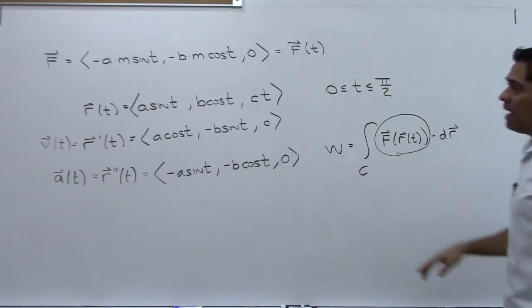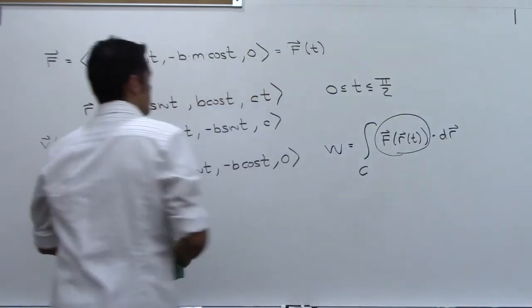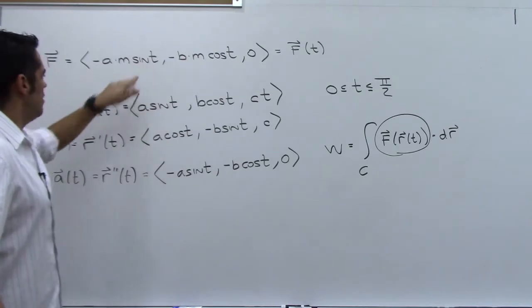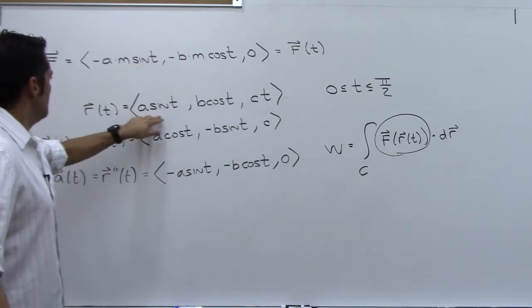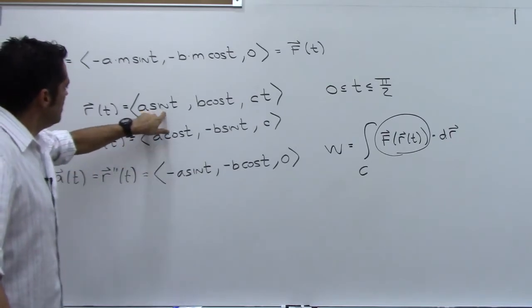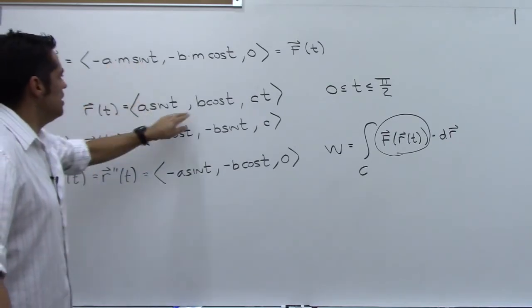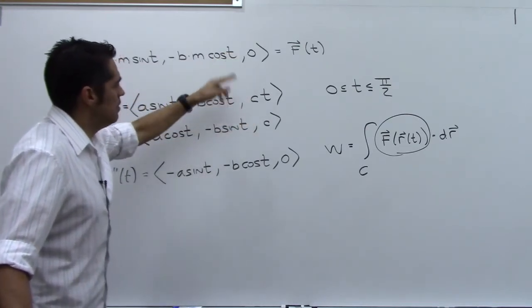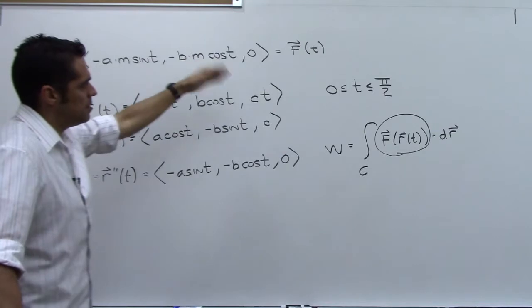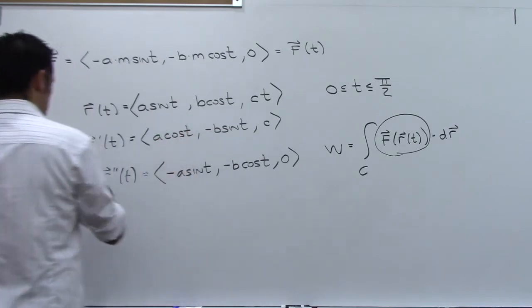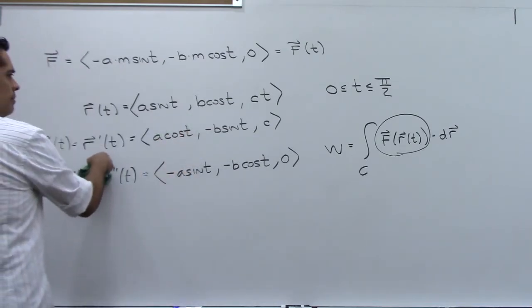It wouldn't make a whole lot of sense to plug this into this. But you can kind of see it already: it's like the a sine t and the b cosine t are there, and the constant is wiped out by the fact that the acceleration was 0. So that's it. We just need to take that and dot it with r prime.